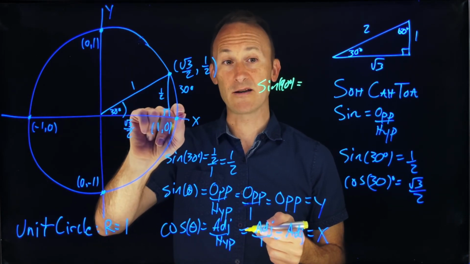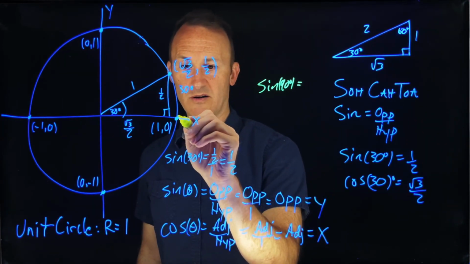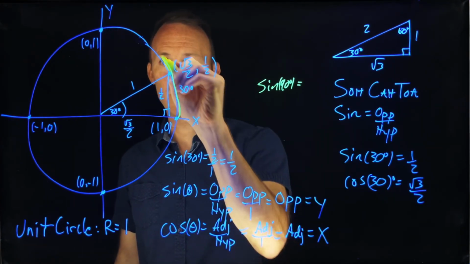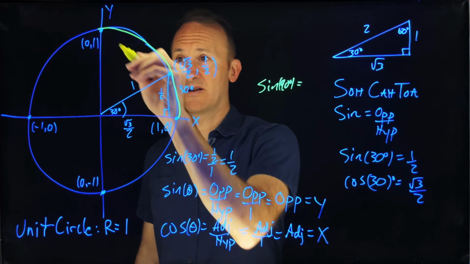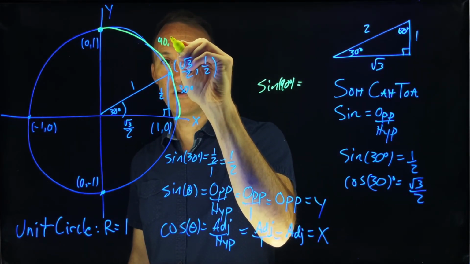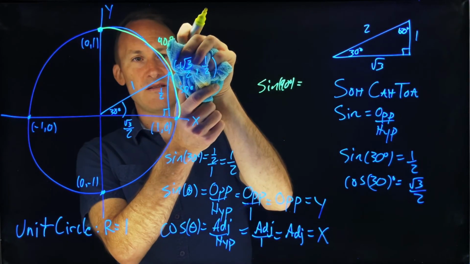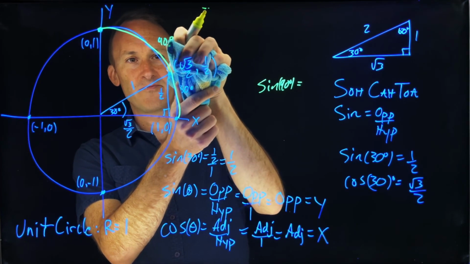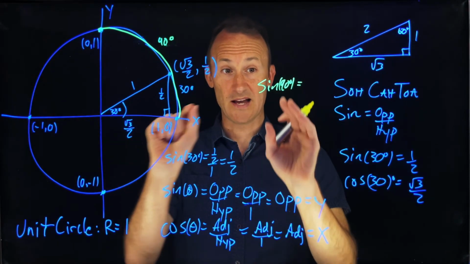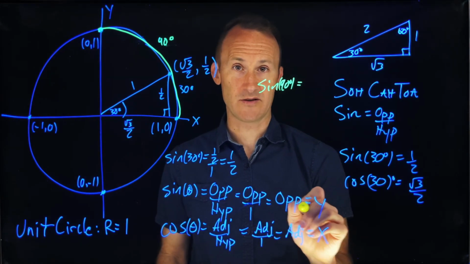And so what you find, if you go up here, see theta, your angle is this arc. If you go all the way up to the top, that top is going to have a theta of 90 degrees. And it has the coordinates, so we can see that sine is the y value, right down here.